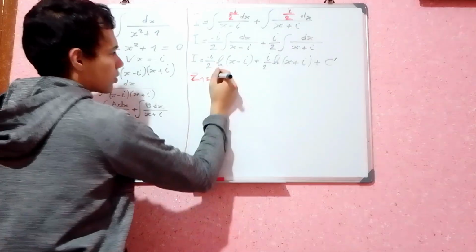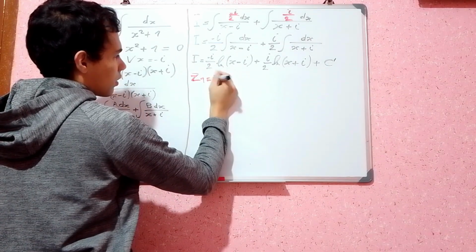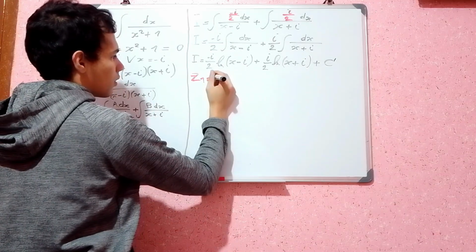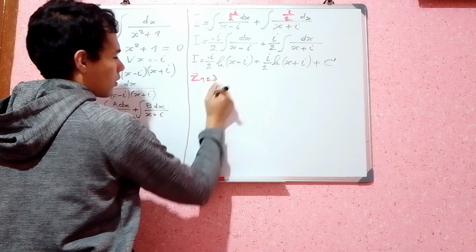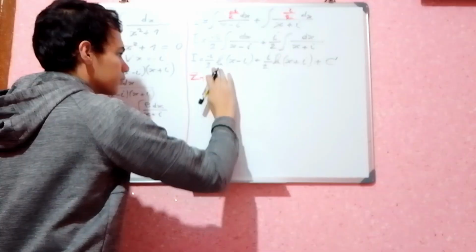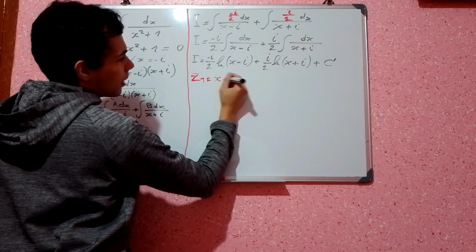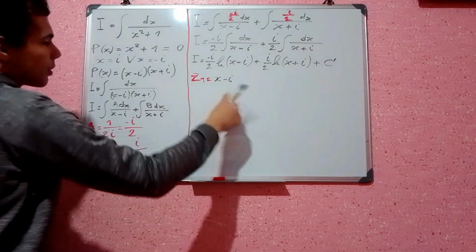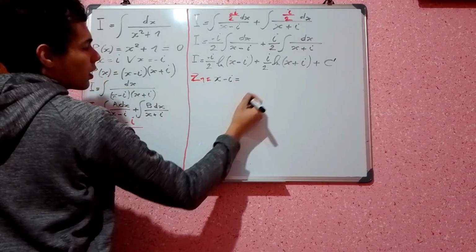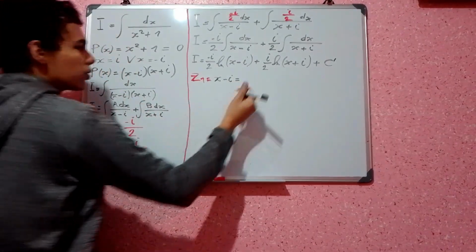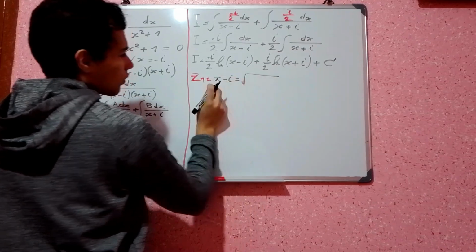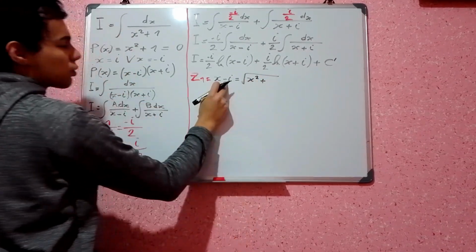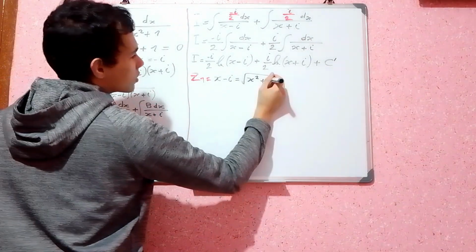Wait, sorry. Yeah, x minus i, okay? This part will equal to, first the radius. The radius is square root of this squared, x squared, plus minus 1 squared is just 1, so we get 1.